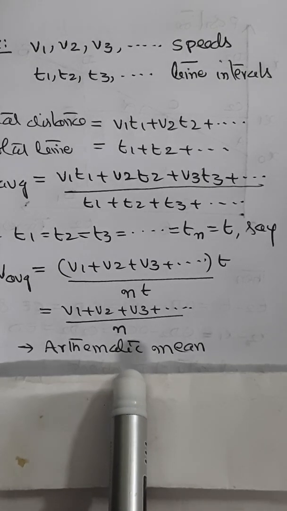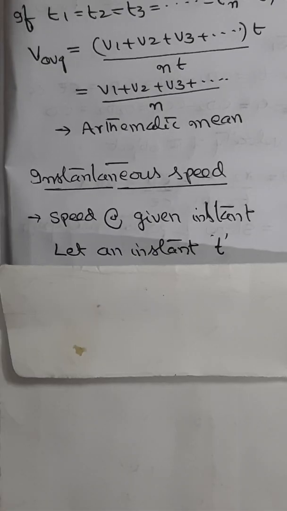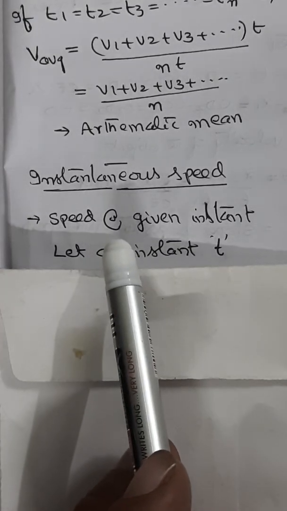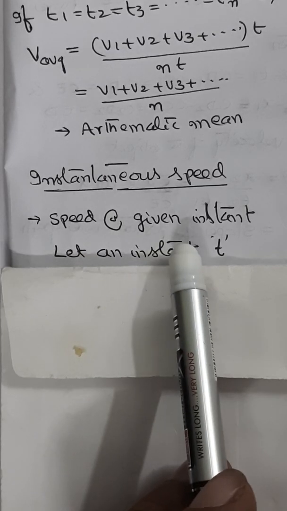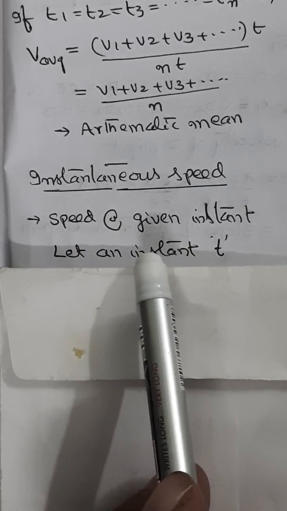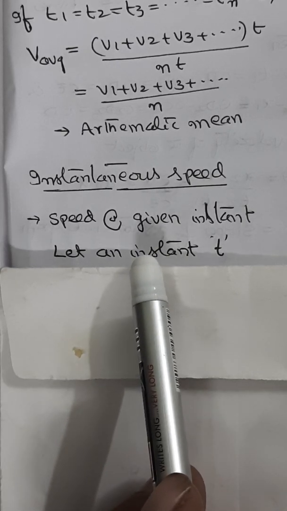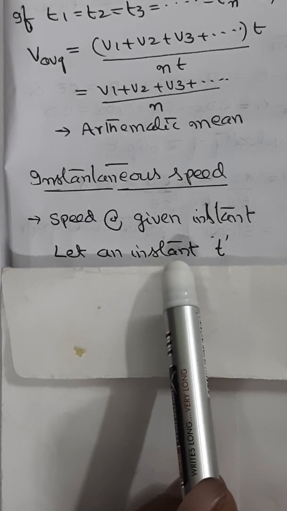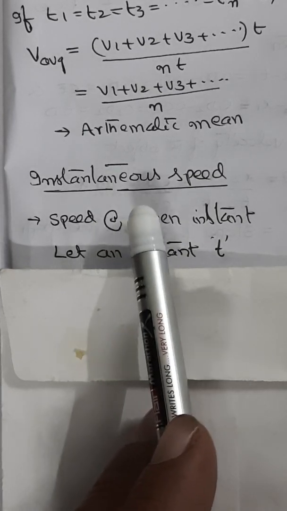Okay, let us understand what is meant by instantaneous speed. When the speed of the object is changing, that means when the speed is variable, then the object possesses different speeds at different instants. Therefore, the speed of an object at a given instant of time is what is known as instantaneous speed.